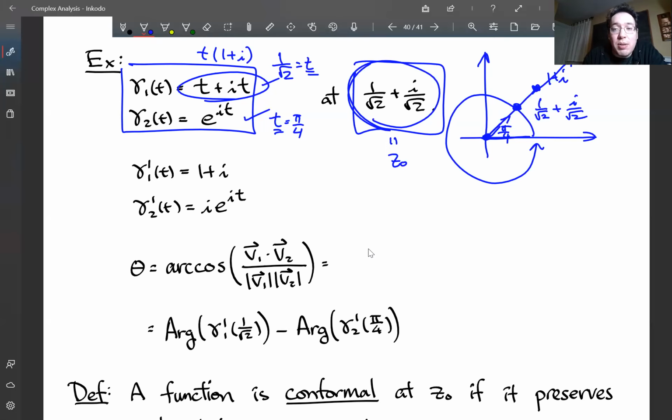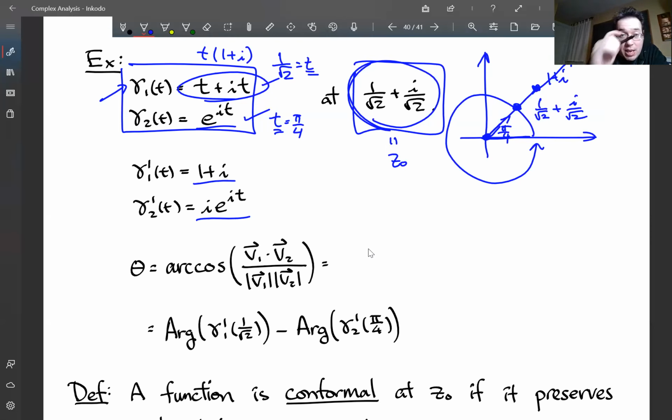Okay, so let's see the angle of intersection here. We can take the derivative. The derivative of t times 1 plus i is going to be 1 plus i. And the derivative of e to the it, we could just use the chain rule: e to the it times the derivative of it, which is just i.